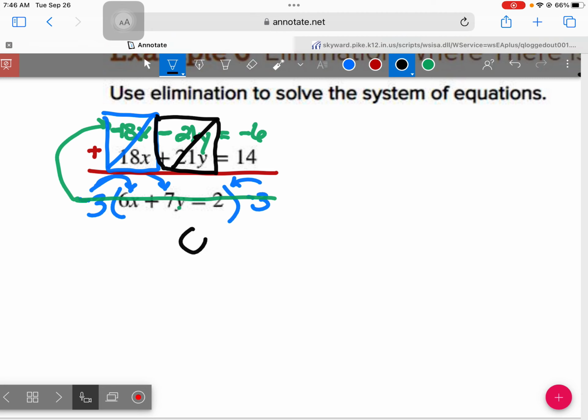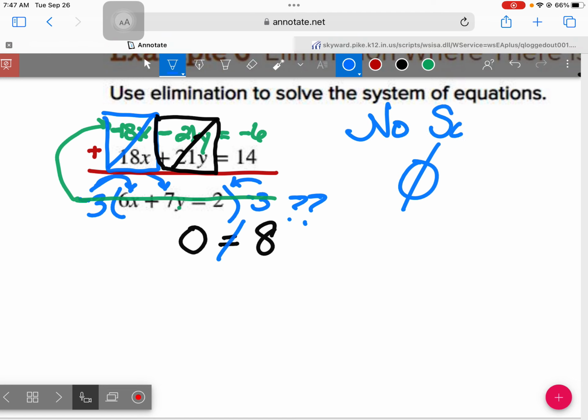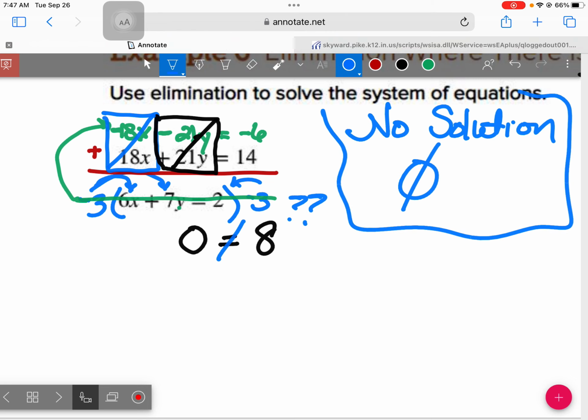Yeah, even though I cancel them out, I do have 0. So 0 equals negative 6 plus 14, which is 8. And you're like, what? That's not true. So what's my solution set here? No solution, which means that these two lines are parallel. Parallel lines.